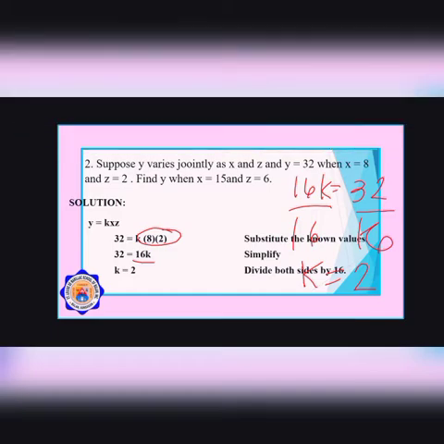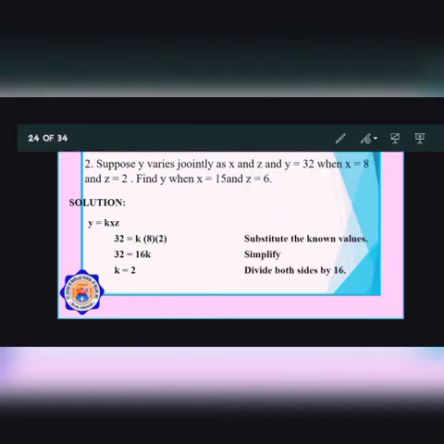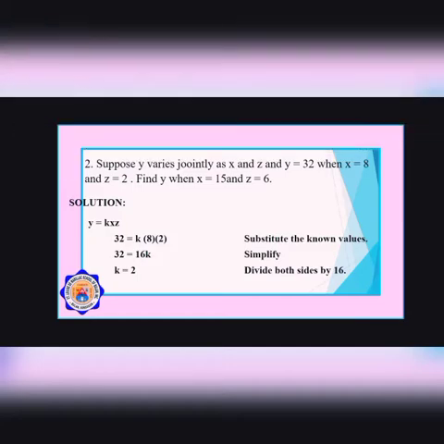Then next is the second problem. So, the second problem is find y. Y ang hahanapin natin when x is equal to 15 and z is equal to 6. So, gagamitin din natin itong value ng k.